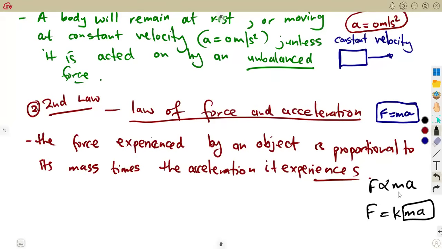If we now consider a force of 1 Newton, a mass of 1 kilogram, and an acceleration of 1 meter per second squared, this K becomes 1. So at the end, we'll end up with the formula that force is equivalent to mass times acceleration.